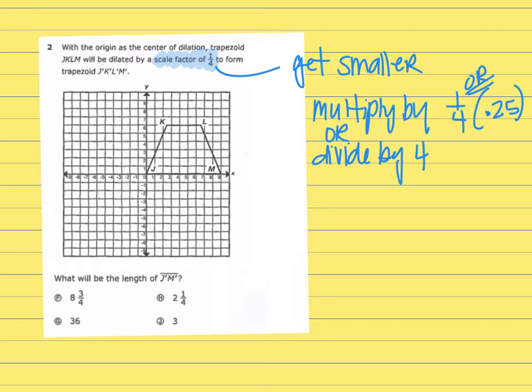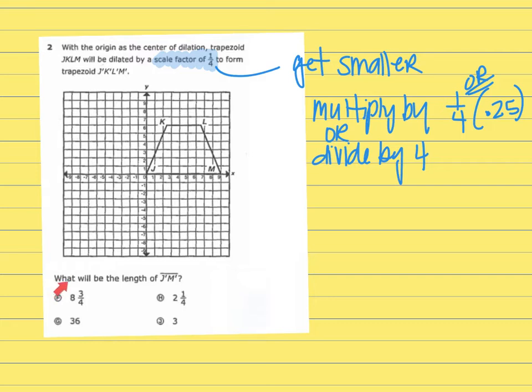If the numerator had been something else, I would then have to do another step, but since the numerator is 1 and I only want 1 out of the 4 pieces, when I divide by 4, I get my answer. But on the safe side, dilations are always applied through multiplication. You could either multiply by 1/4 or the decimal version is 0.25.